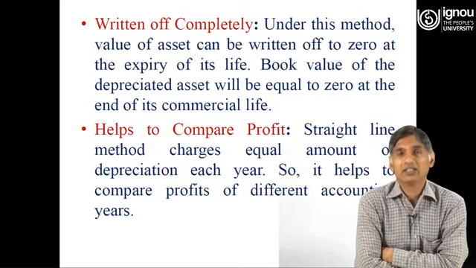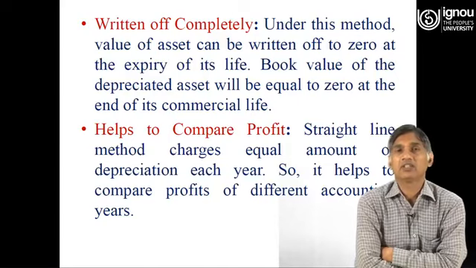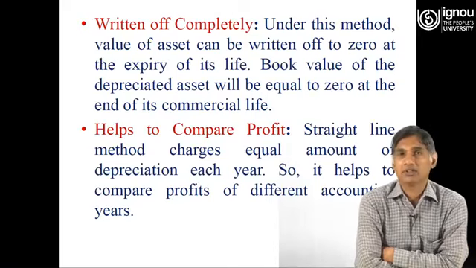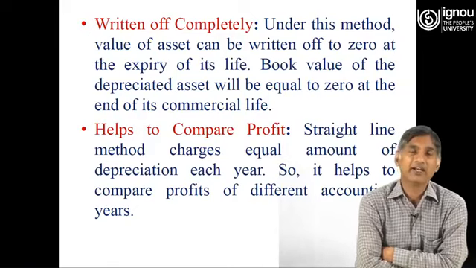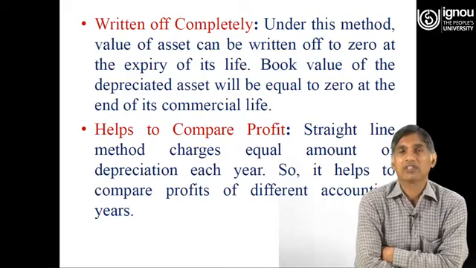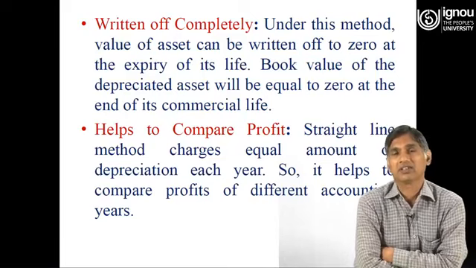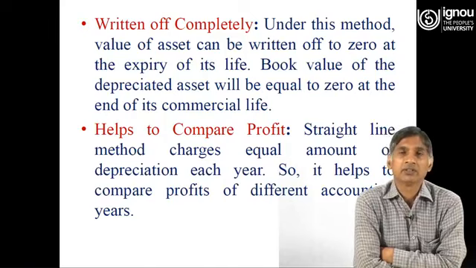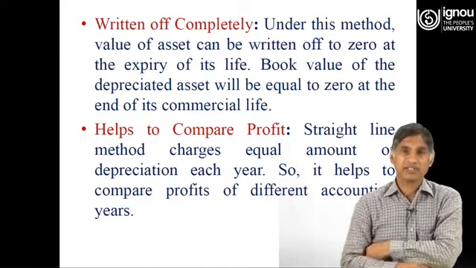When we charge the amount of depreciation evenly throughout the expected useful life of the asset, the book value of the asset becomes zero at the end of its expected useful life. It means the entire cost of the asset can be charged as depreciation. Then the next one is helps to compare profits. The straight line method charges an equal amount of depreciation each year, so it helps to compare the profit of different accounting years.